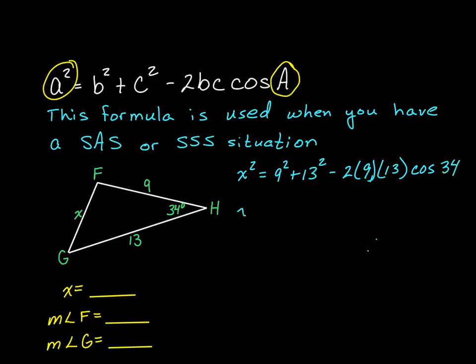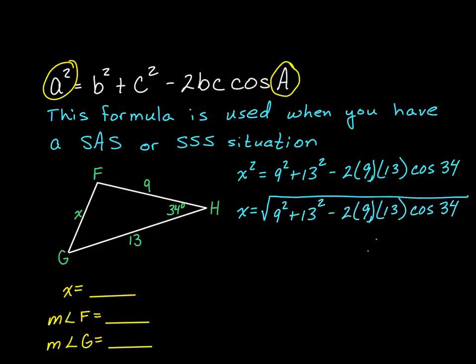If we are solving for x, we are simply going to be taking the square root of all of that stuff right here. So when you take the square root of all this, you are going to end up with x is equal to 7.5.